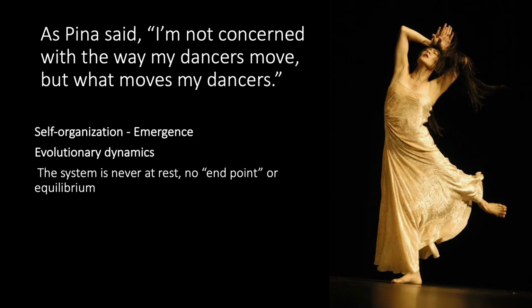In this way, the system is never at rest. There is no end point, there is no equilibrium, there is no balance. It's that constant moving and the emergence of new patterns.